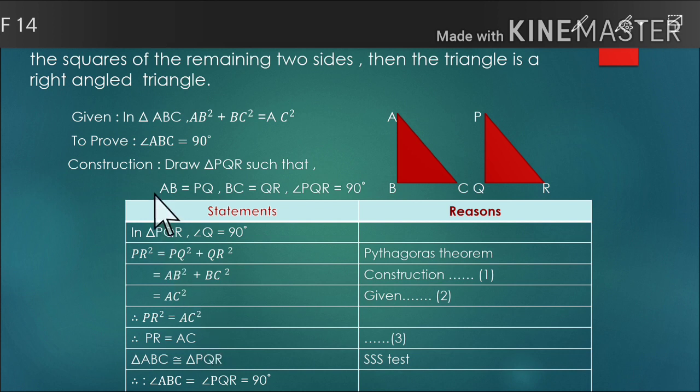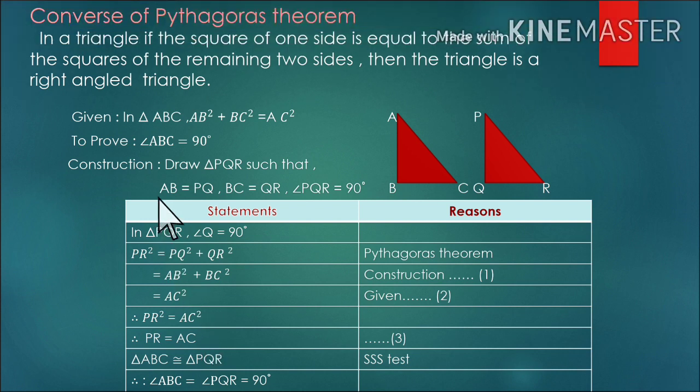Now see, in construction, AB is equal to PQ, BC is equal to QR, and here PR is equal to AC. That means all the sides of triangle ABC and triangle PQR are the same.